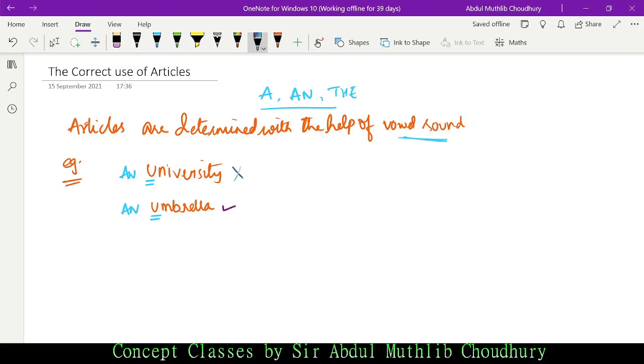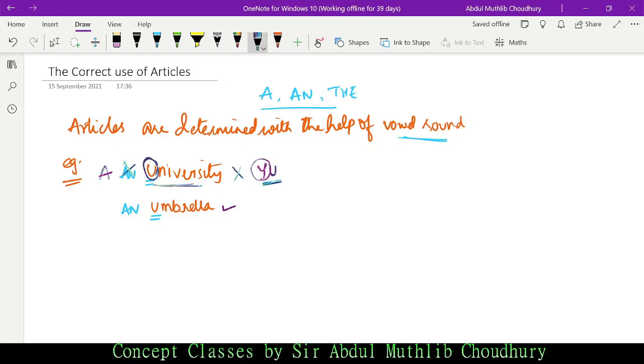Because when you pronounce the word university, how does it start? Y-U, university. Is Y a vowel? No. So in that case, we cannot use an, we have to use a. A university, not an university.